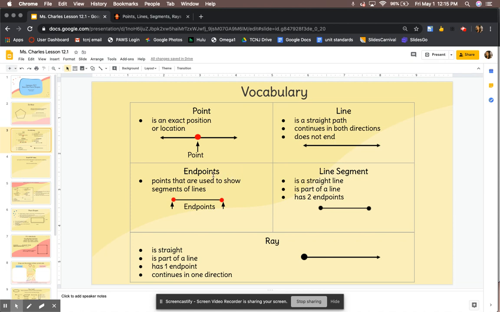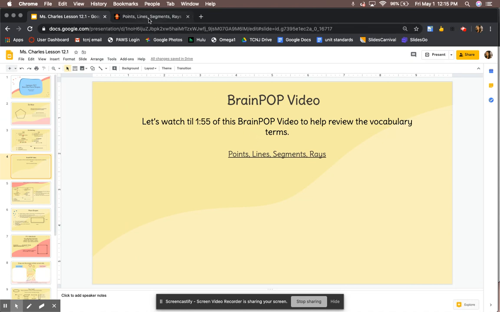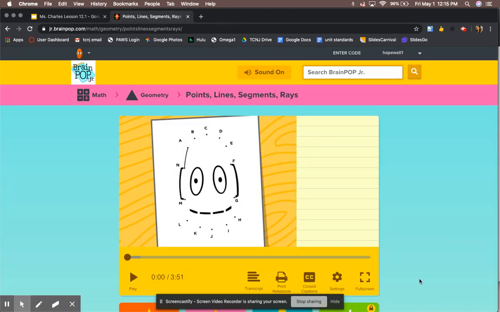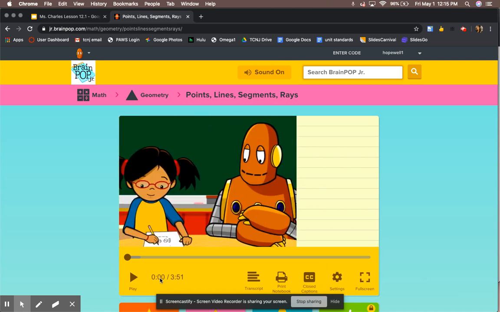Lastly, we have a ray, which is straight, it's part of a line, it has one endpoint, and it continues forever in one direction. As we see, this is the one endpoint, and this arrow shows us that it continues forever in one direction. Next, we're going to be watching this Brain Pop video that just summarizes some of the vocab words.